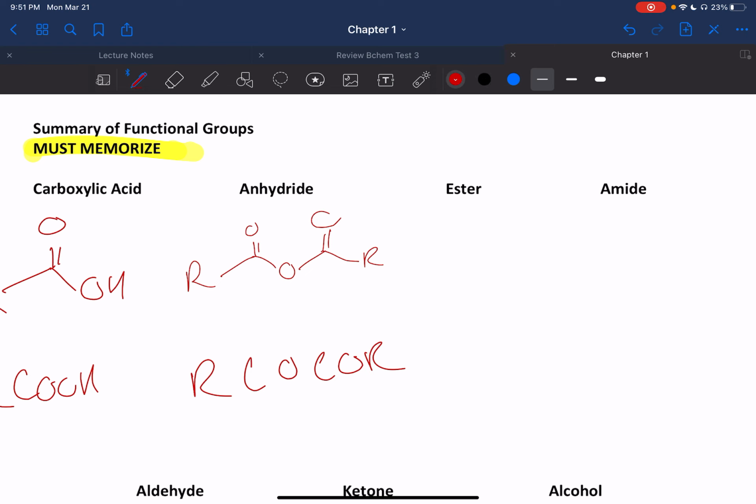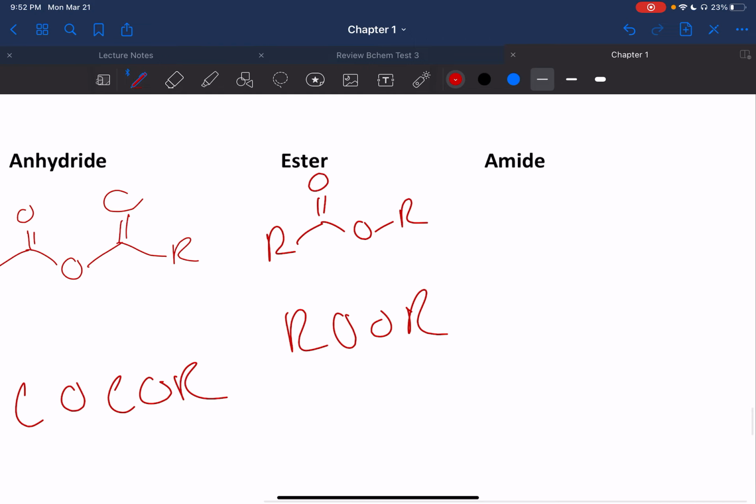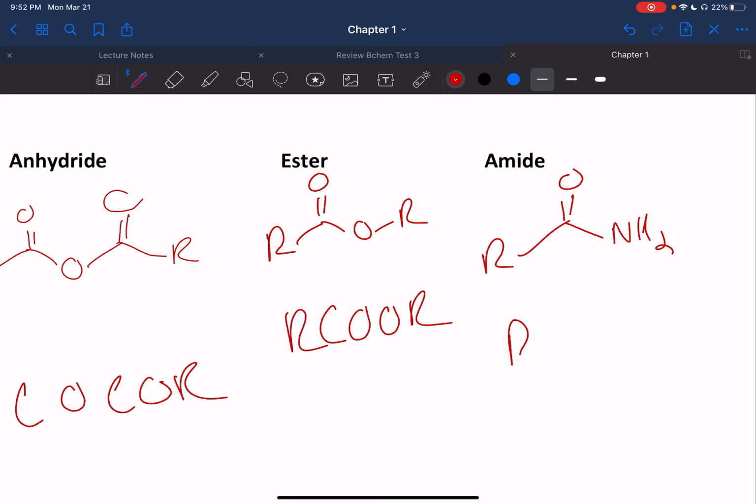Then you have an ester, that is simply R, C, O, O, R. Then you have the amide, R, C, O, N, H2.